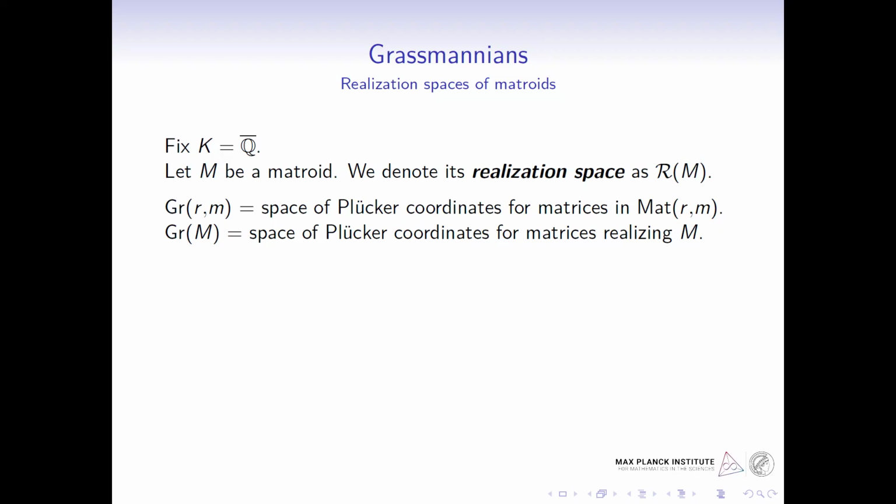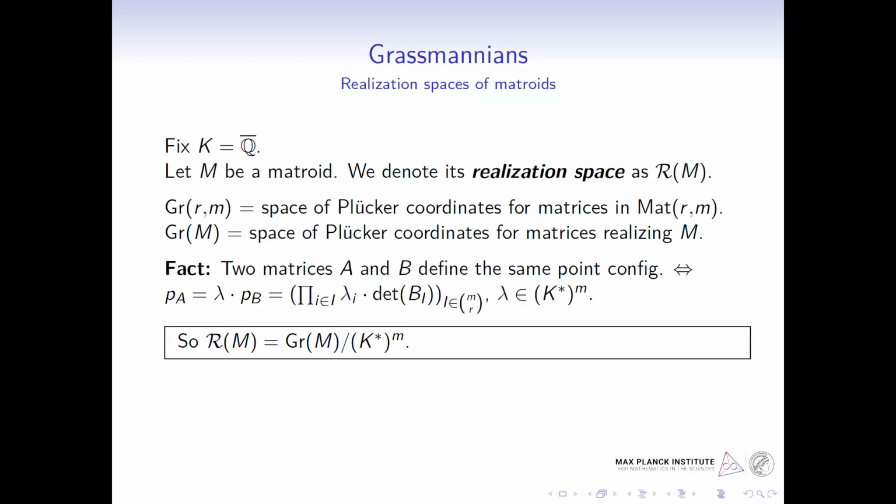Then the Grassmannian for the matroid M is this space of Plücker coordinates for matrices that realize M. So all the entries in our vector of Plücker coordinates are non-zero whenever the corresponding indices are a basis of the matroid, and they're zero otherwise.